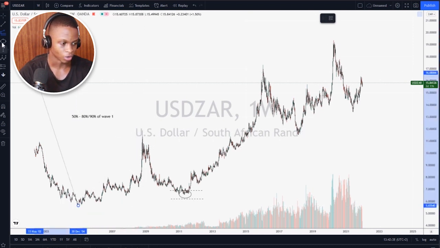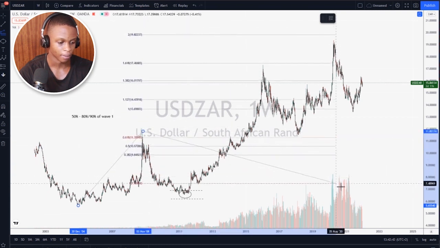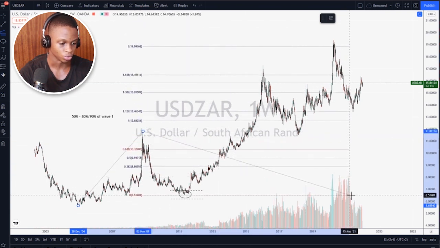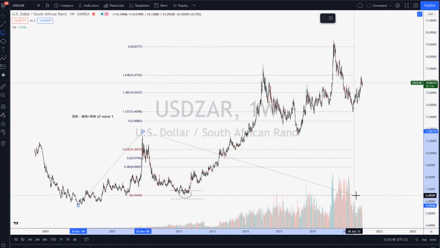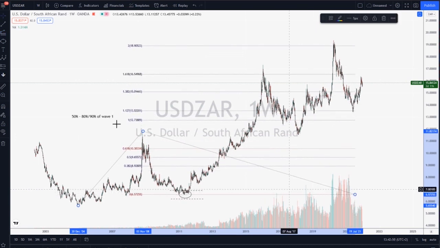I've got my Fibonacci extension tool: bottom of wave 1, top of wave 1, bottom of wave 2. Now I'm not going to go all the way down to the 90%. I'm going to the bottom of wave 2.